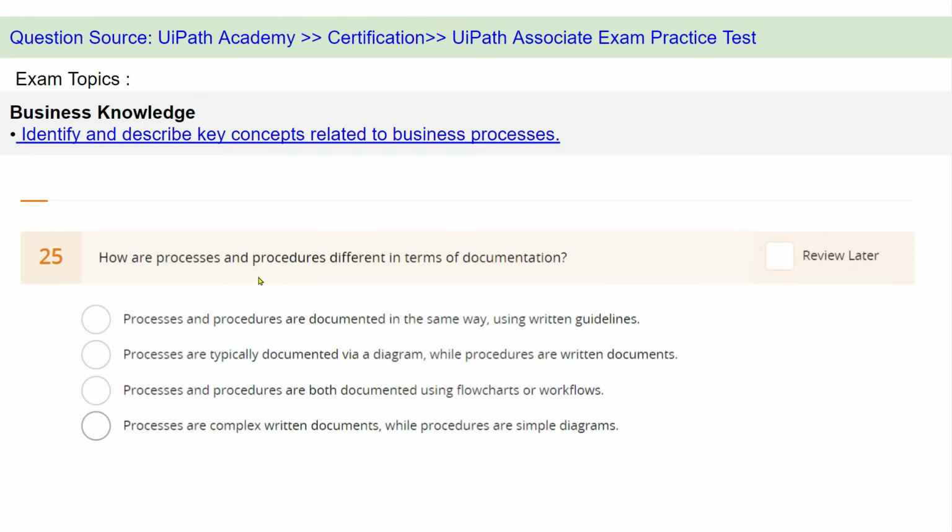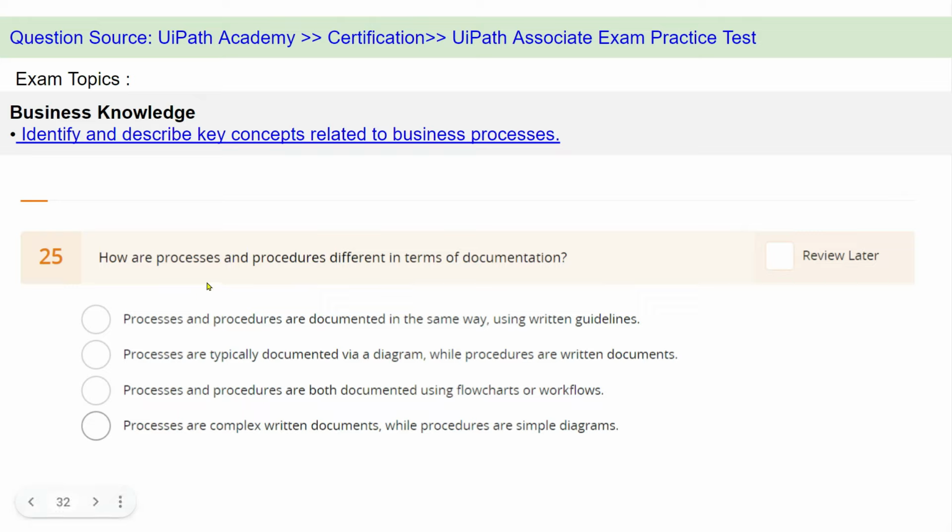Let's move on to the next question. How are processes and procedures different in terms of documentation? Now read all these options. Just to make it very easy, process means what? Collection of individual tasks. Task 1, task 2, task 3, task 4, task 5. This entire set of 5 tasks, you will call it a process. Procedure means what?